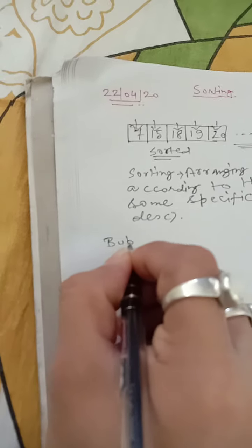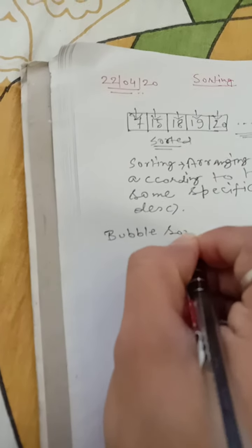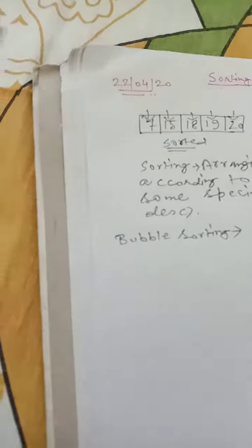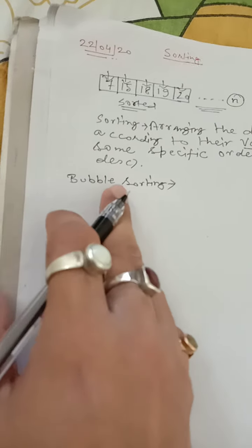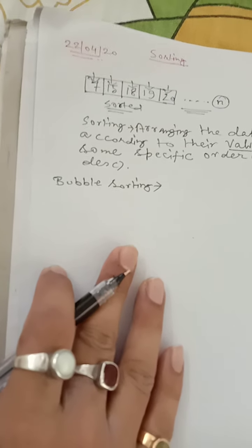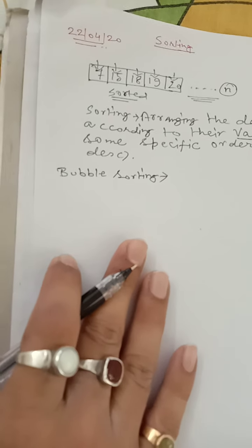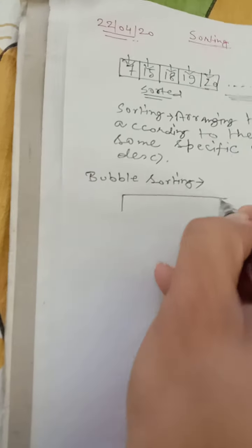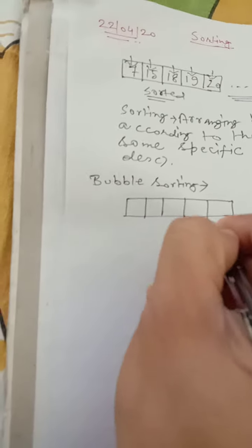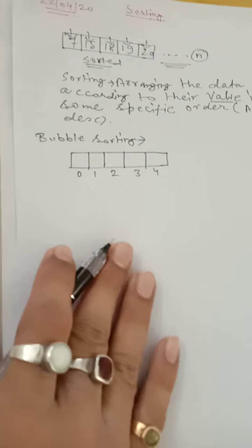Now here our first sorting technique according to your curriculum is bubble sorting, right? Before illustrating the same, we need to analyze and understand the basic principle of what a bubble sort actually describes. Now in bubble sorting, let us suppose we have an array of n elements. These are the indices 0 1 2 3 4, right?